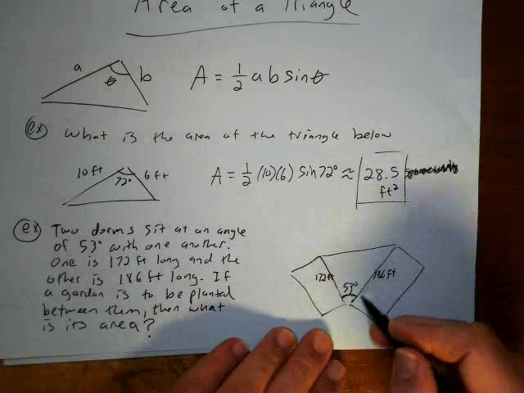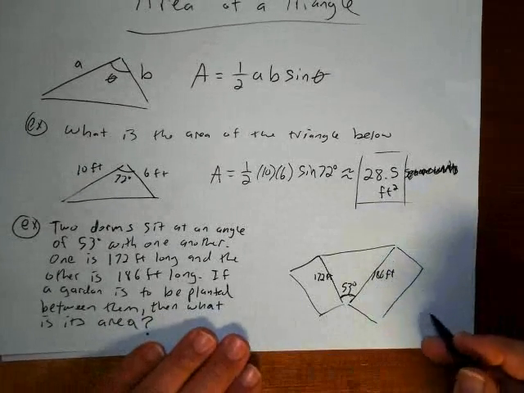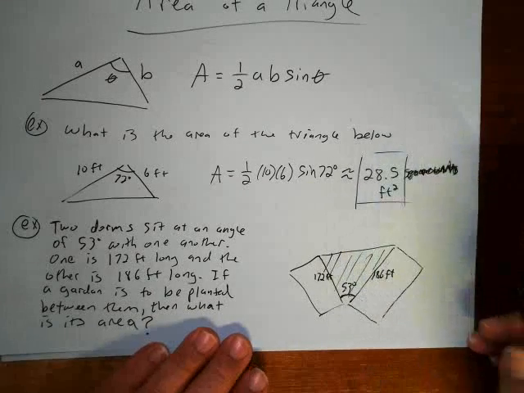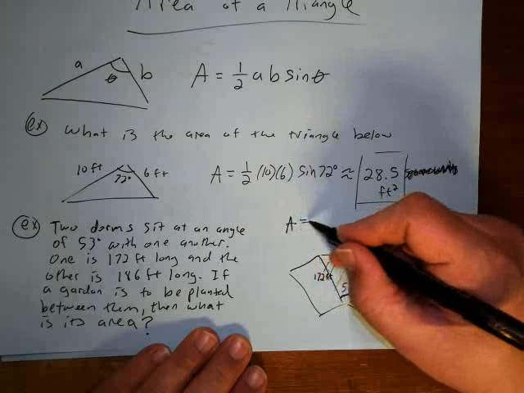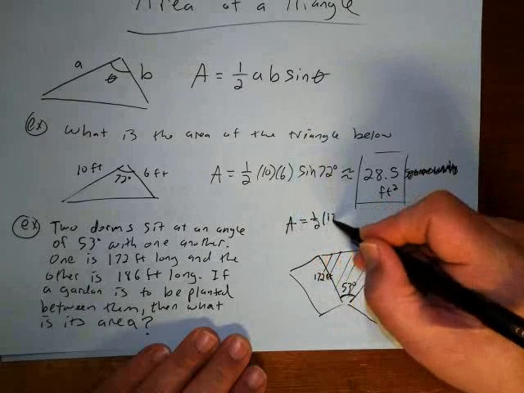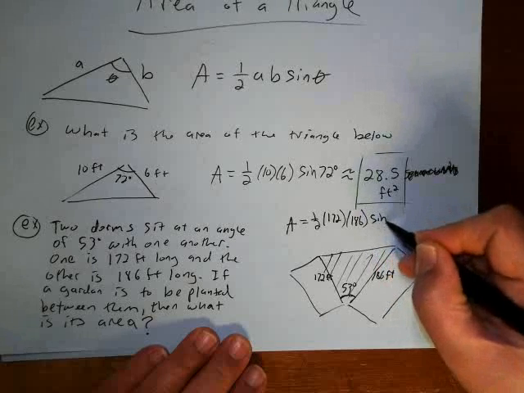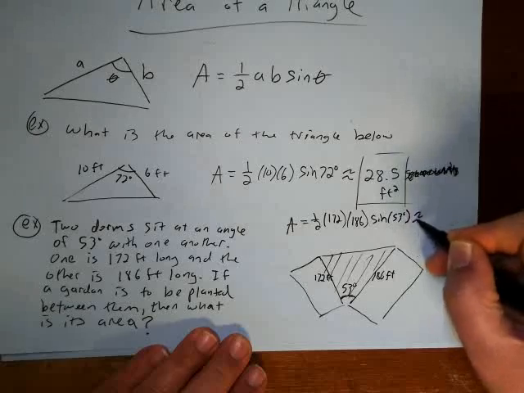So if you've got these two sides and this angle between them, then I can get the area of this nice garden between the two dorms. Okay? So the area is 1/2 times 172 times 186 times the sine of 53 degrees.